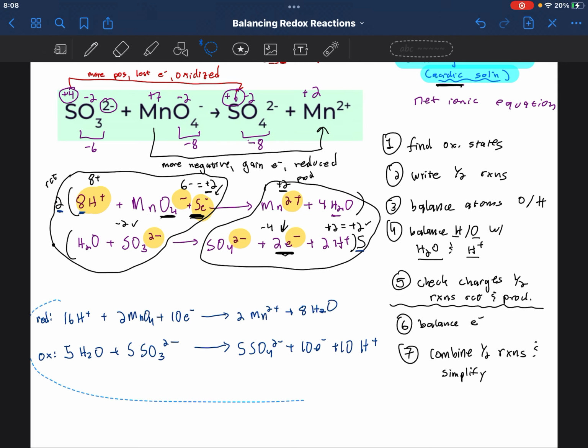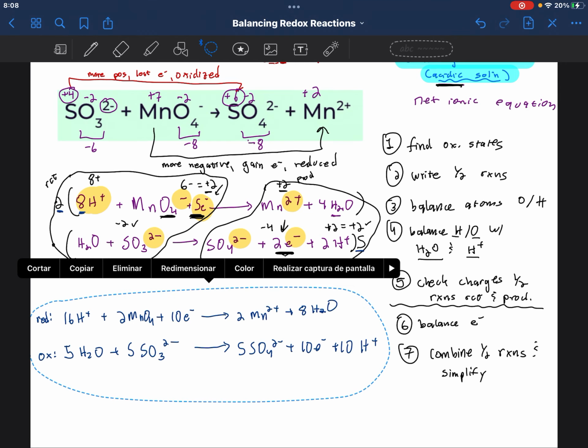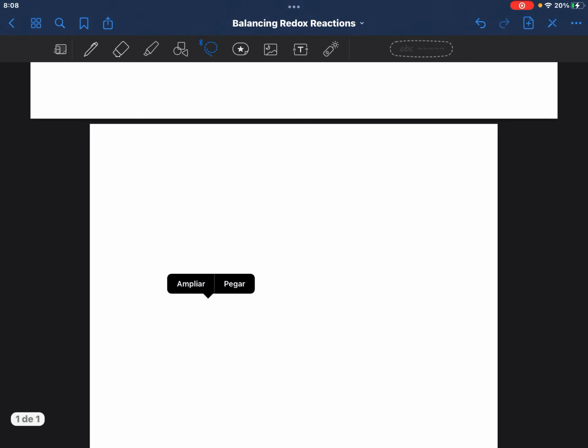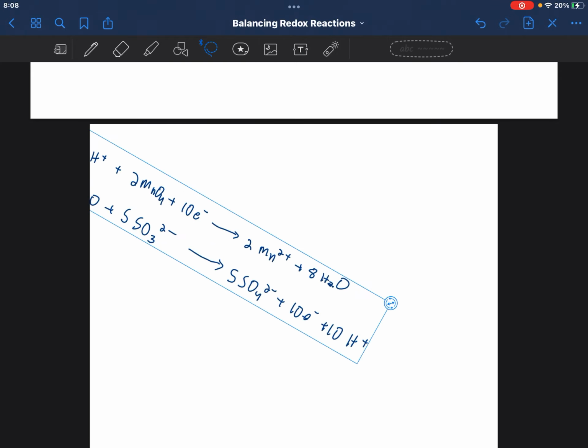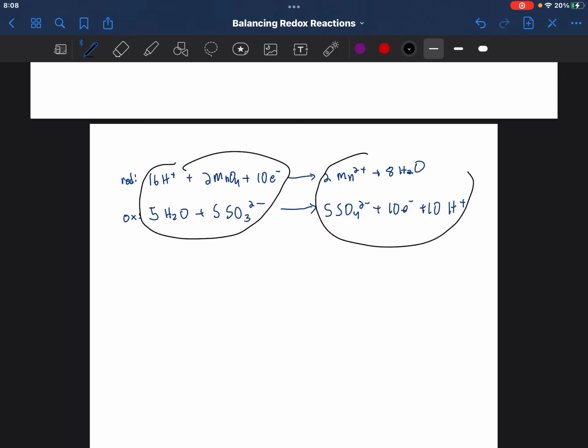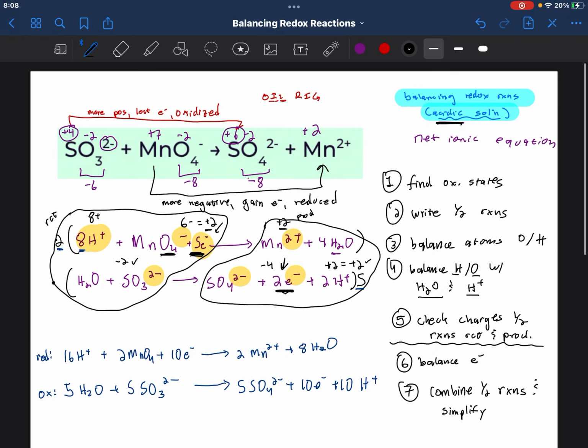So I'm going to take my reduction and oxidation reactions, I'm going to copy them, and let's combine them. Okay. All right, so everything on the left and everything on the right is going to go together. These will be all of my reactants. These will be all of my products. All right, so I have 16H+, 2MnO4-.